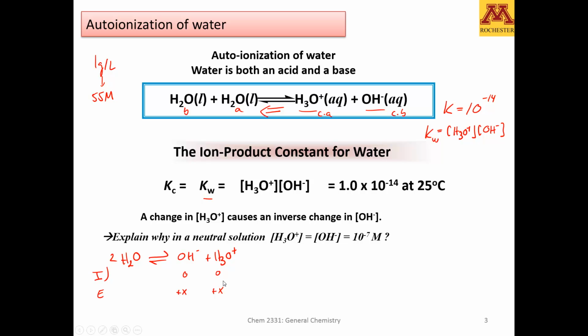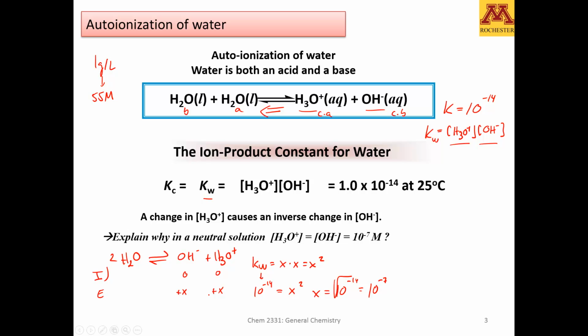Kw is equal to these two concentrations, which is X times X, which is X squared. This Kw is 10 to the negative 14. This means that X is the square root of 10 to the negative 14, which is 10 to the negative 7.